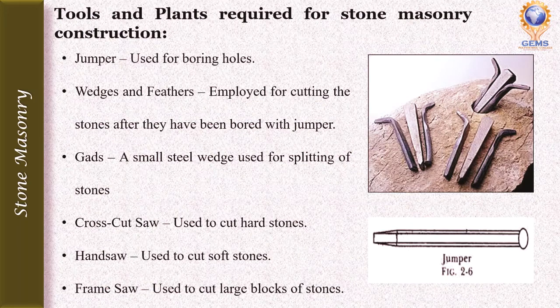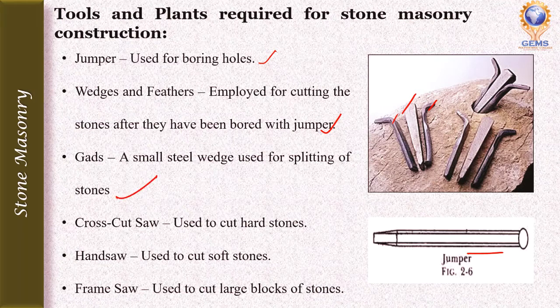Jumper, shown in the diagram, is used for boring holes in the stones. These are the wedges and feathers, employed for cutting the stones after they have been bored with the jumpers. Glads, a small steel wedge, is used for splitting of stone.